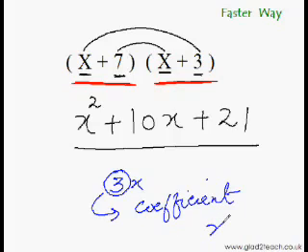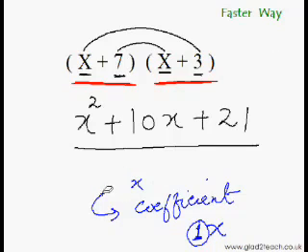If I write this term x, just x, no number in front, and if I ask you, can you tell me what would be the coefficient of this term, that is x? Well, did you say 1? Absolutely correct. There is an invisible one. When you don't see anything in front of a variable like x, then the coefficient is always 1.